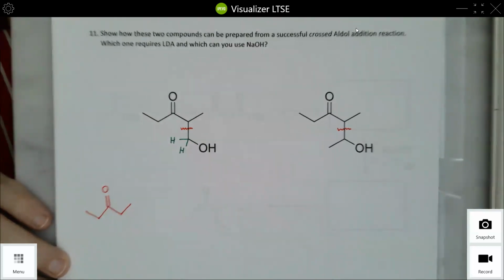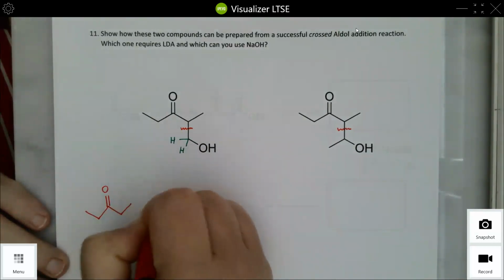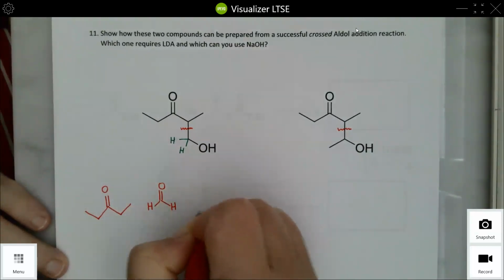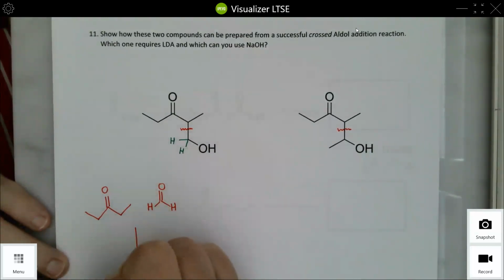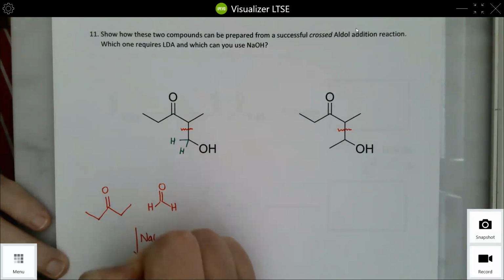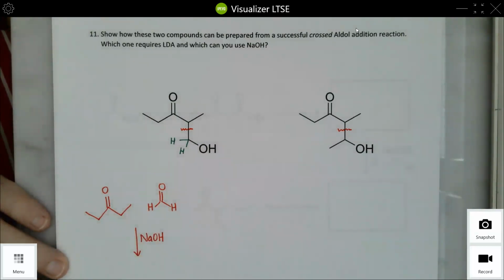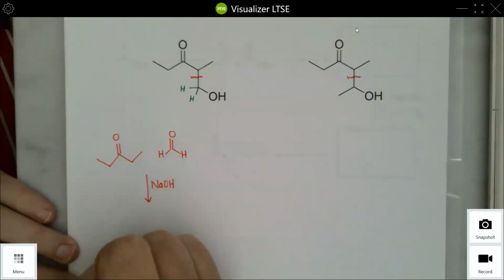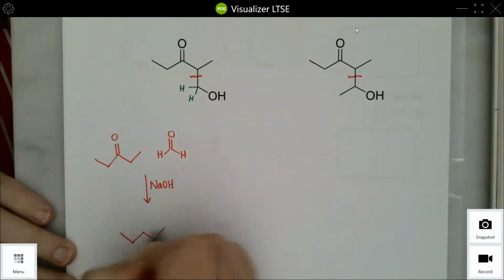So we're going to use formaldehyde, draw that in, and we can just use sodium hydroxide and it will produce that product via the aldol addition reaction.